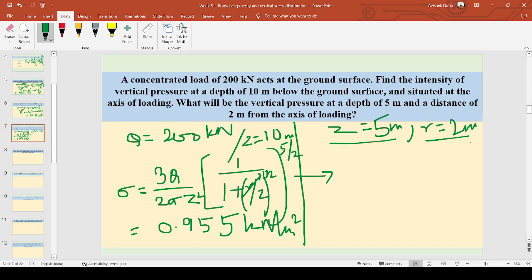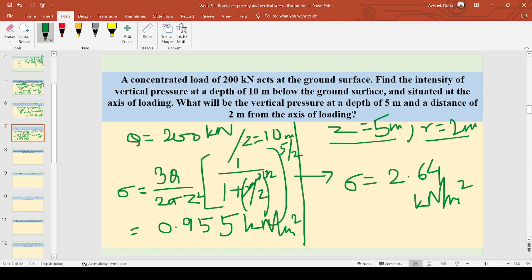Putting all these values, again Q equals to 200, Z equals to 5 meter and R equals to 2 meter, will get a value of sigma equals to around 2.64 kilonewton per meter square.